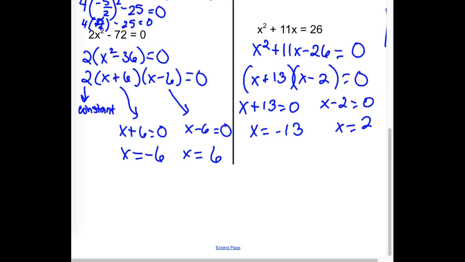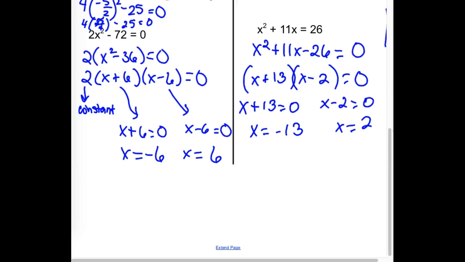Do they both work? Did you check them? No. We should have. We always check our answers, right? You checked that the 2 works, okay? Negative 13 squared. You guys know your squares up to 15, right? Negative 13 squared is? What is it? 169. Negative 13 times 11?